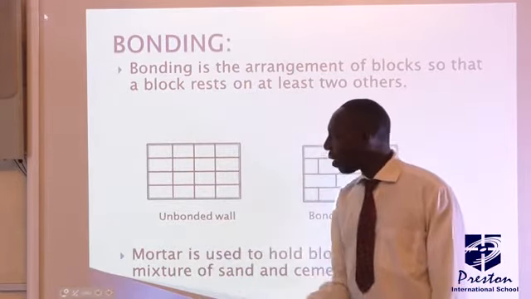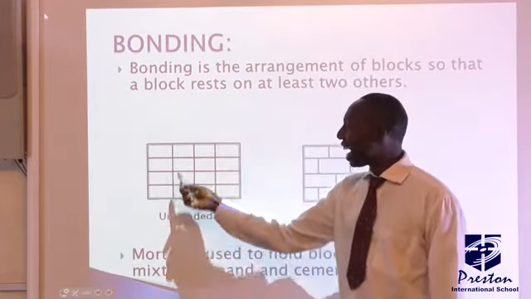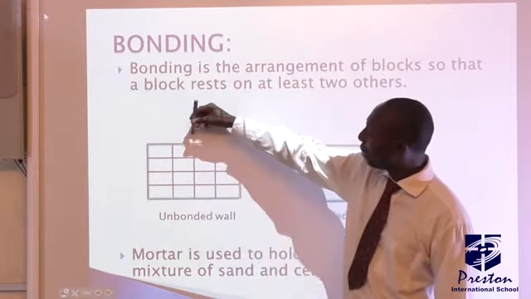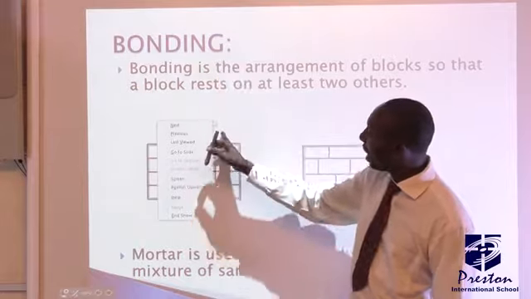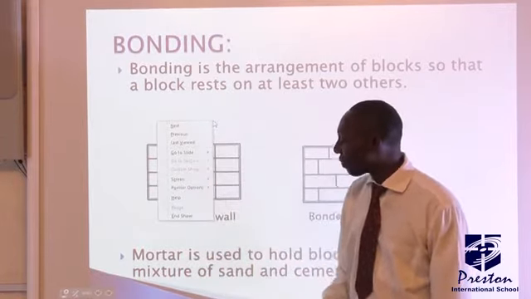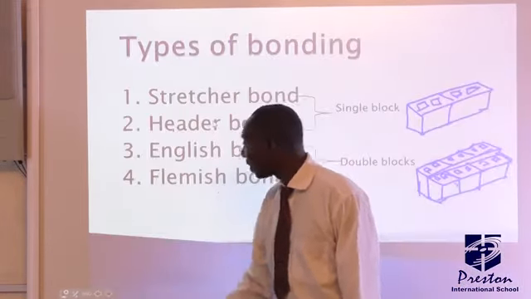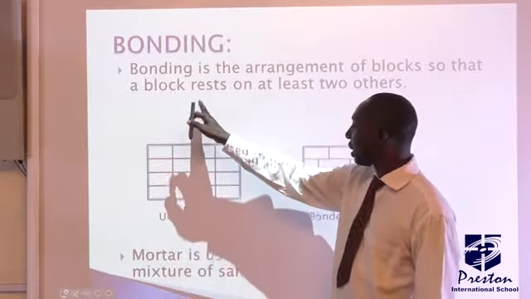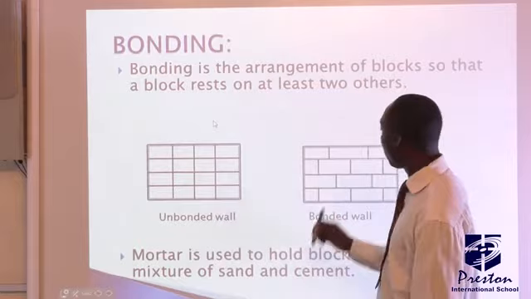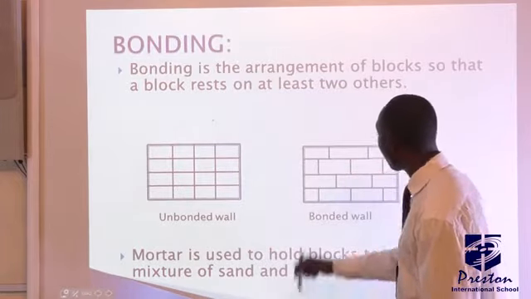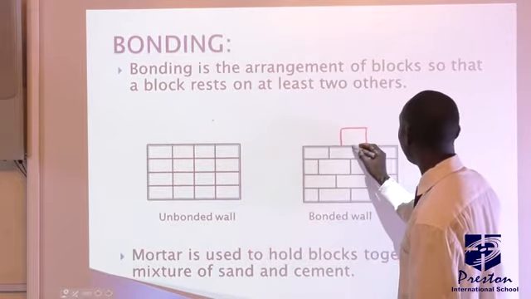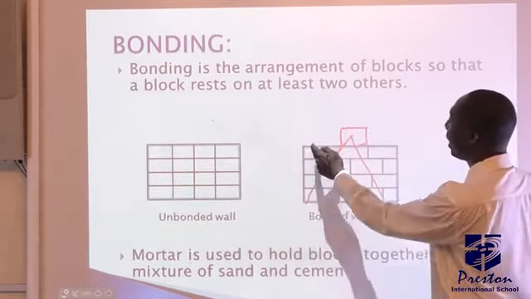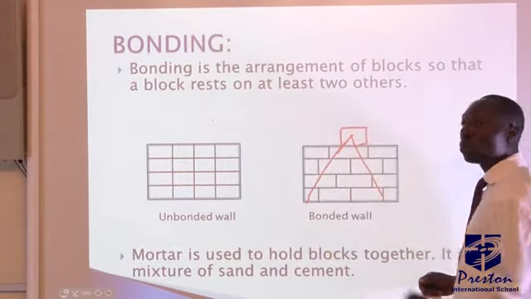In an unbonded wall, you can see all the lines are arranged together, and so if a load is placed here, it will break the wall. But if the load is placed on top of this wall, the whole weight will spread along the whole, because this block is resting on two others.